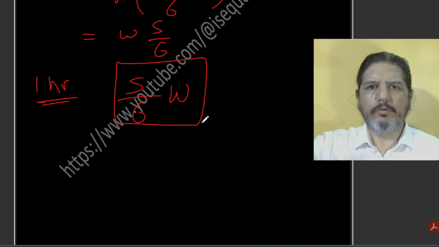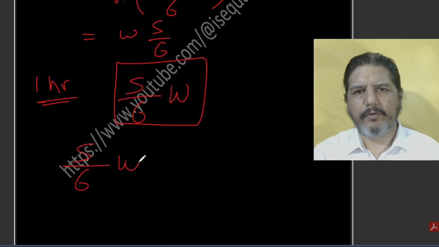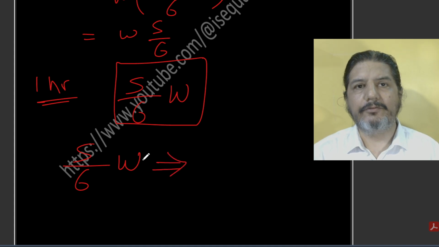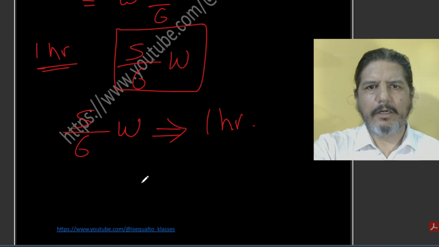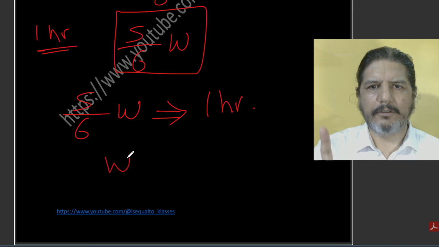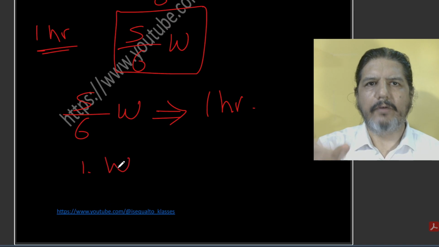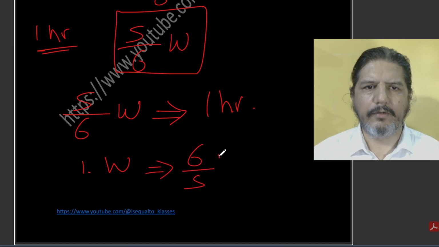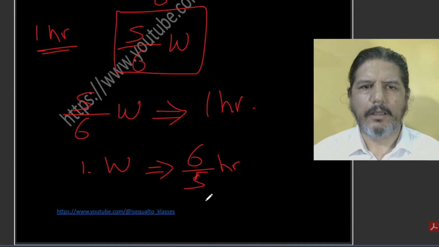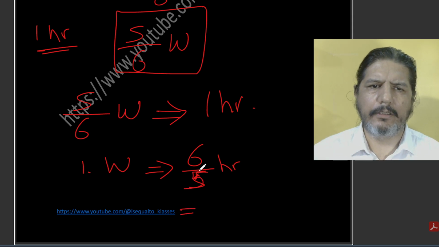You can say that both of you will take 1 hour to complete 5/6 of the work. Now, if you have to complete the whole of the work, that is, in a way, one work, you will take 6 by 5 hours. We can leave it here only.